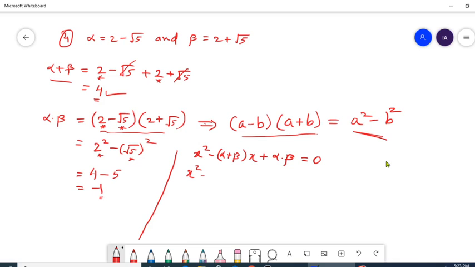So here I'll take 4. Along with alpha plus beta we have x, so I'll take 4x. Then plus we have alpha into beta, which in our case is minus 1. So I'll take minus 1 within the bracket, because before alpha into beta we have a plus sign and alpha into beta is negative. Two signs cannot be together.